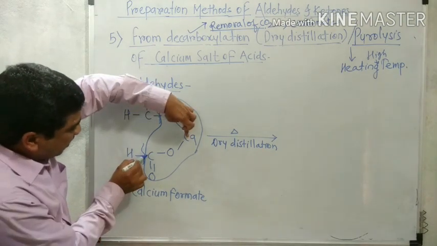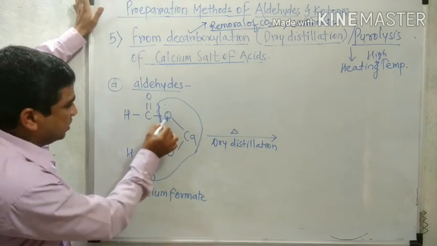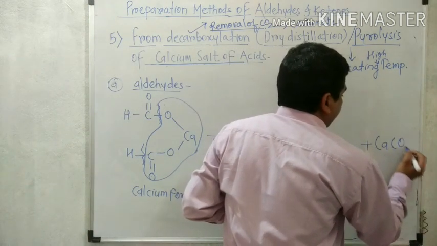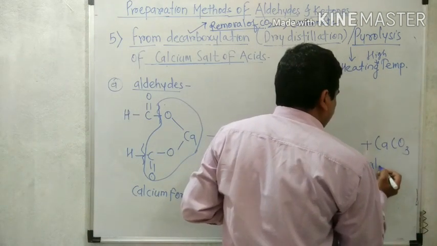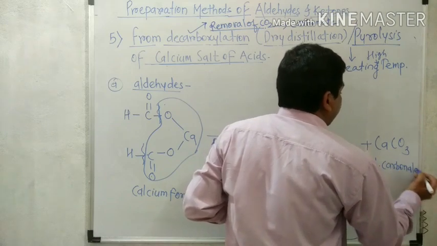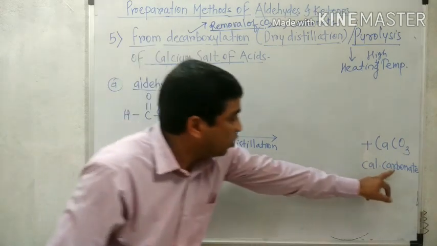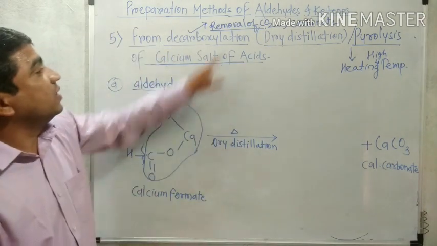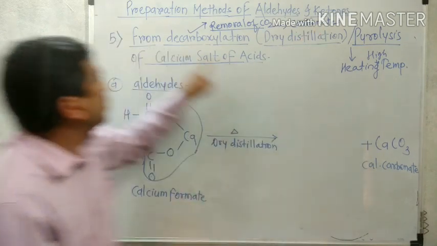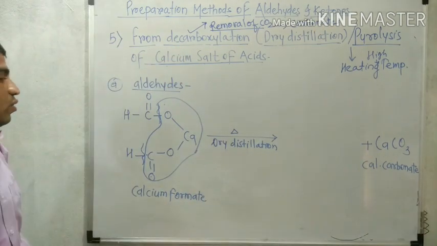Ca, 1 carbon and 3 oxygen, that is CaCO3, calcium carbonate. Carbonate is obtained in the reaction as a byproduct. Therefore, removal of CO2 is occurring in the form of carbonate, so the reaction is called decarboxylation.